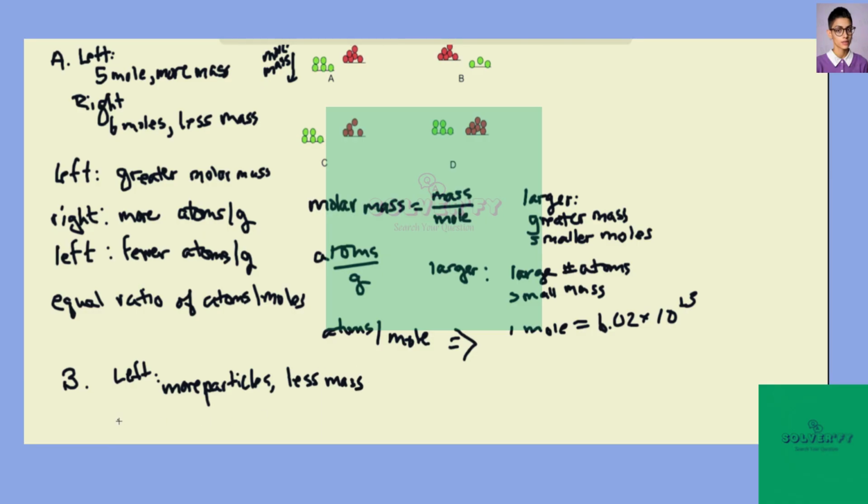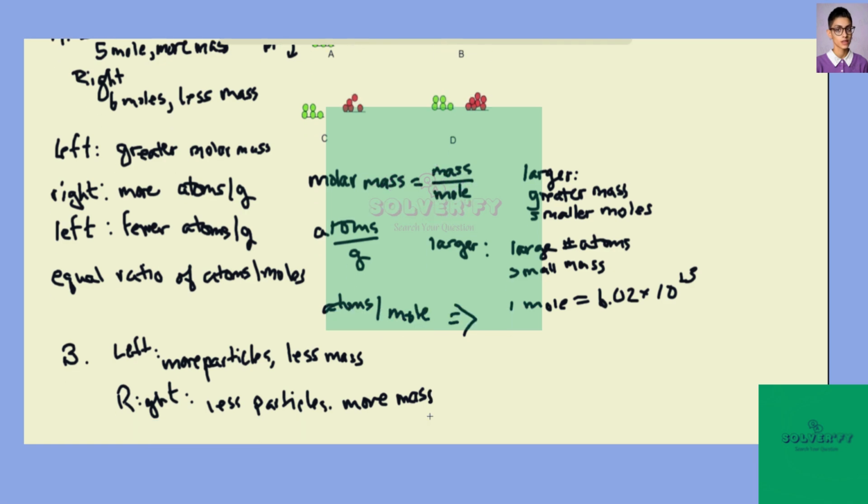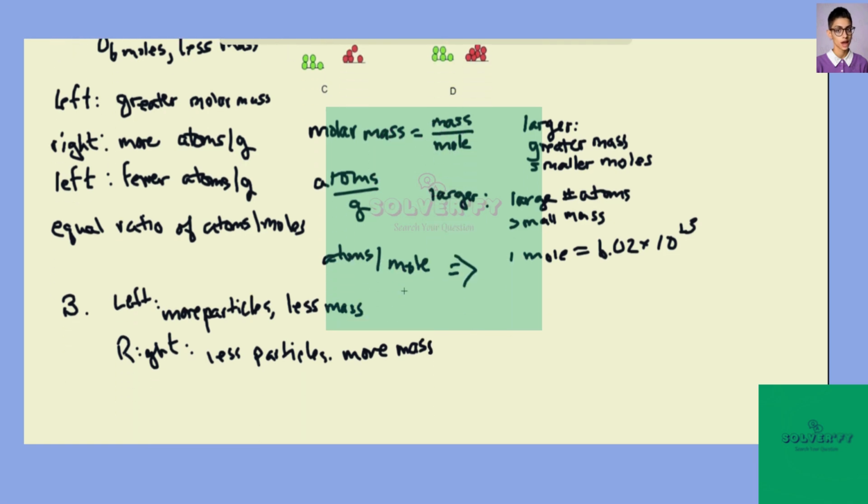And on the right, there are fewer particles and more mass. So we can do the same analysis as above. The greater molar mass is the one that has the larger mass and fewer particles. So that's our right sample.